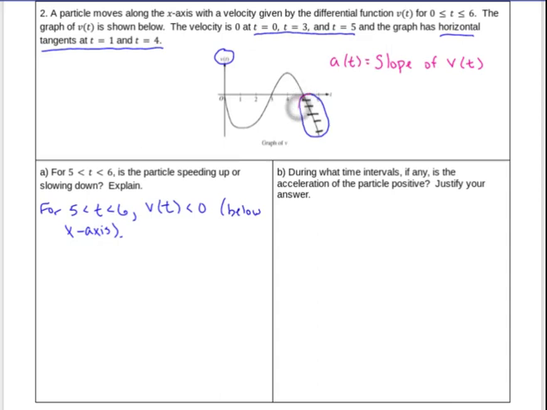So when we look along this same interval, the slope is going to be negative because the function is decreasing, which means that along the interval from 5 to 6, the acceleration is also negative. And that's because the slope of v of t is negative.